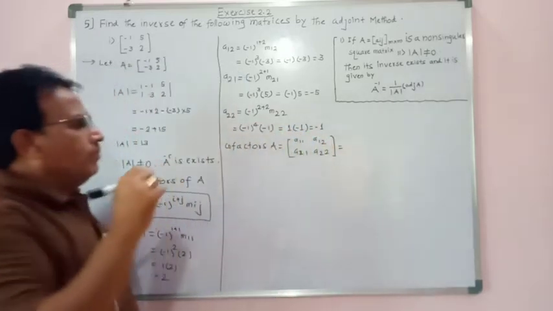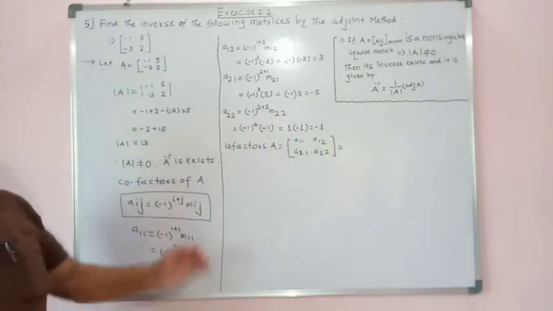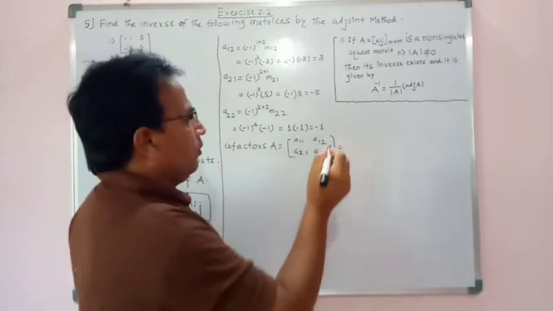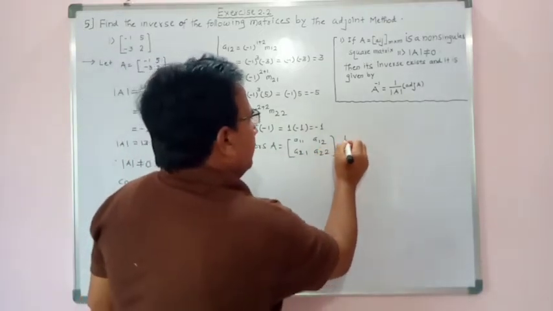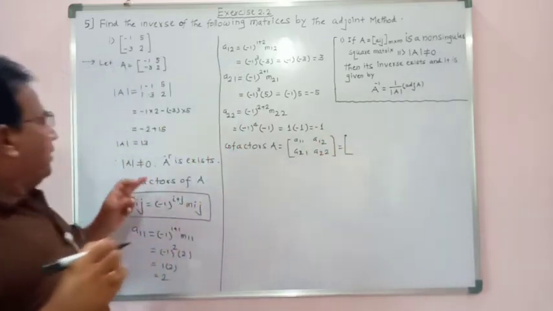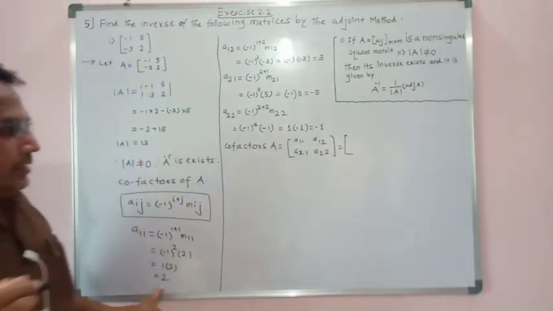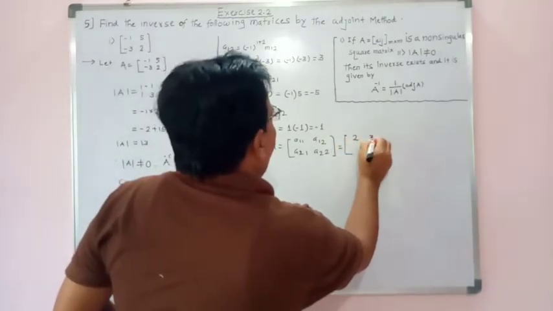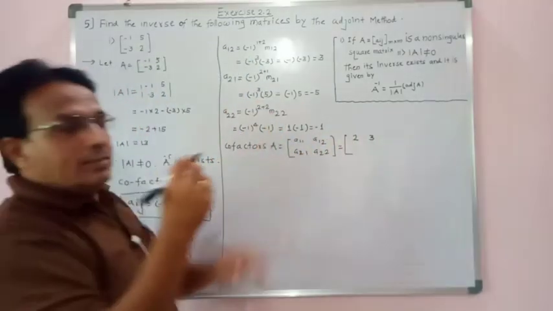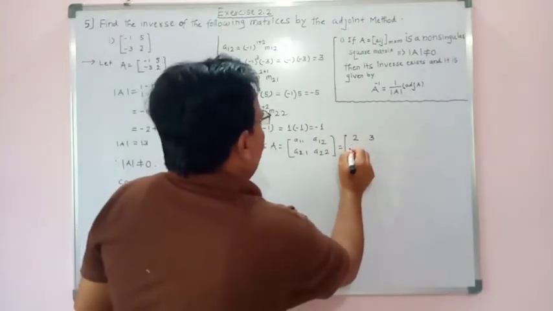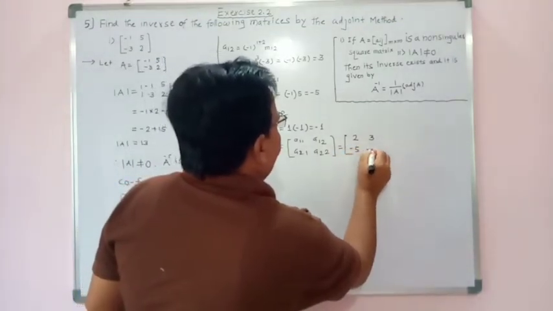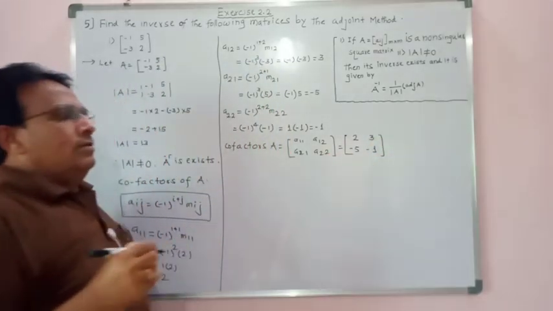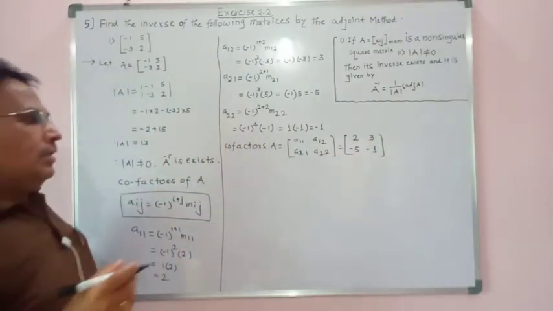The first cofactor A11 is 2, A12 is 3, A21 is -5 and A22 is -1. These are the cofactors.